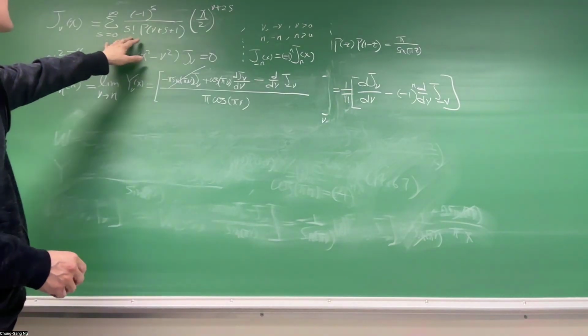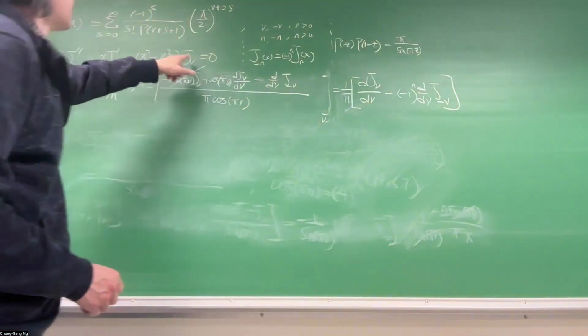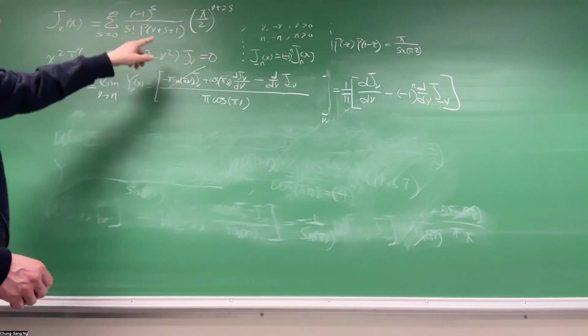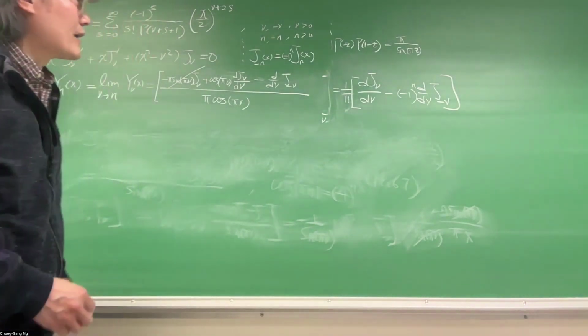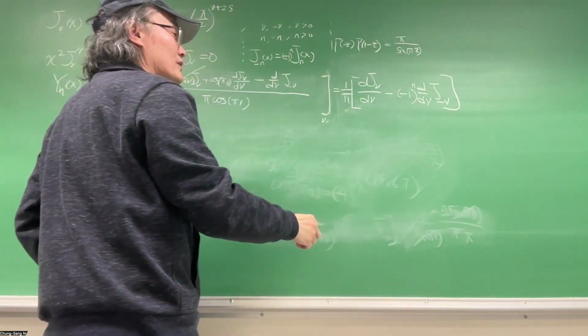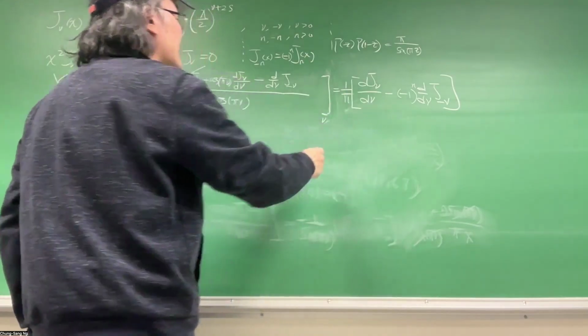We know how to take the derivative of this power series. And because we have learned how to take the derivative of the gamma function, we defined the digamma function, which is useful in this situation.